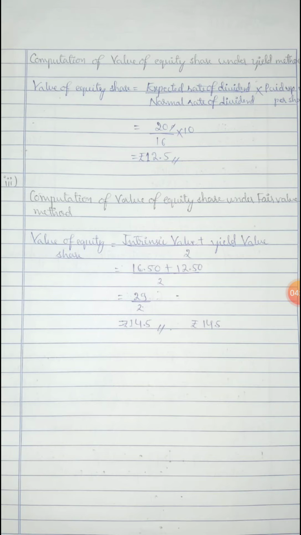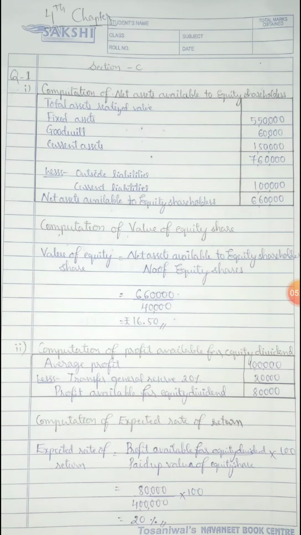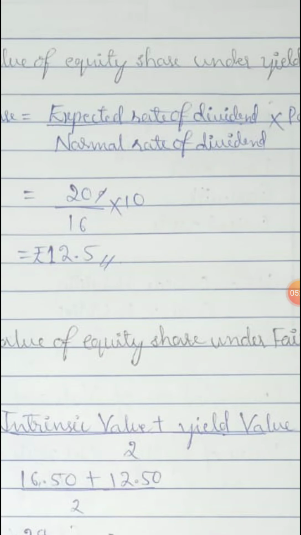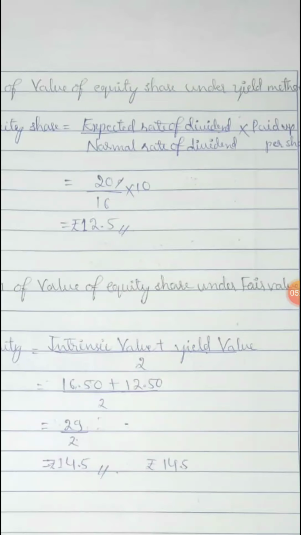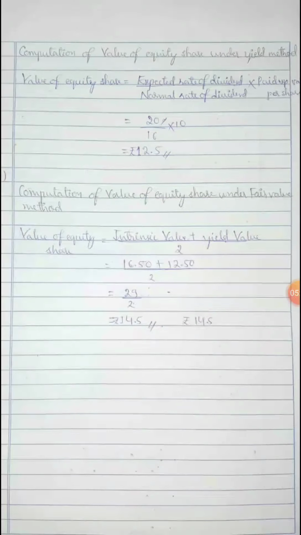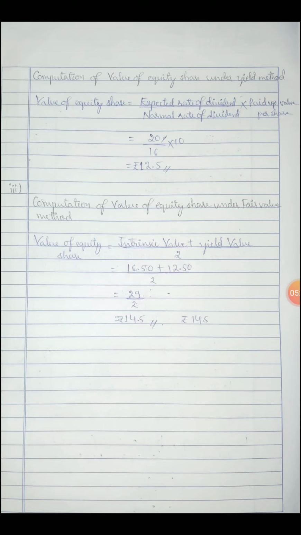Value of equity shares under yield method, the formula is expected rate of dividend divided by normal rate of dividend into paid up share capital per share. So the expected rate of dividend, as we found, is 20%. The normal rate of dividend, given in the question for a similar type of company, is 16%. Paid up per share is 10 rupees. So 20 divided by 16 into 10, we will get 12.5. It's under yield method. Then let's see how much the value of equity shares comes to under fair value method.